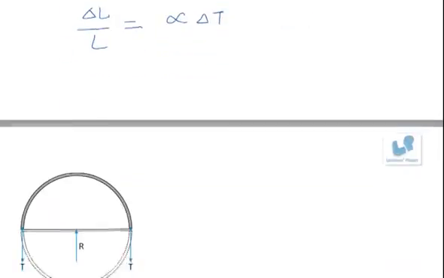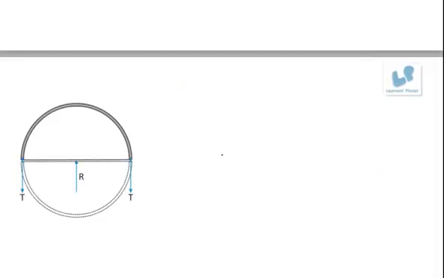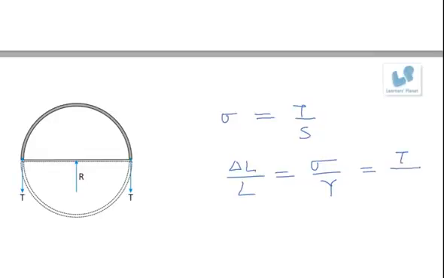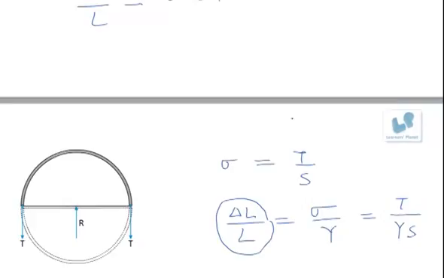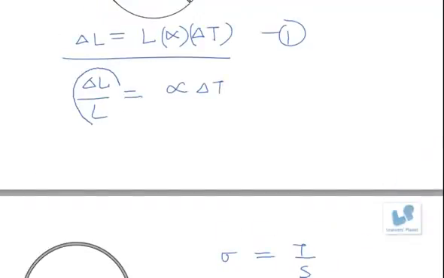Now because it is not allowed to regain its original length, a mechanical stress is developed. That stress we have just calculated is equal to T by S, where S is the cross-sectional area, and a mechanical strain is also developed, which is delta L by L, given by stress upon Young's modulus, that is T upon Y S. Now this mechanical strain is also equal to the thermal strain.